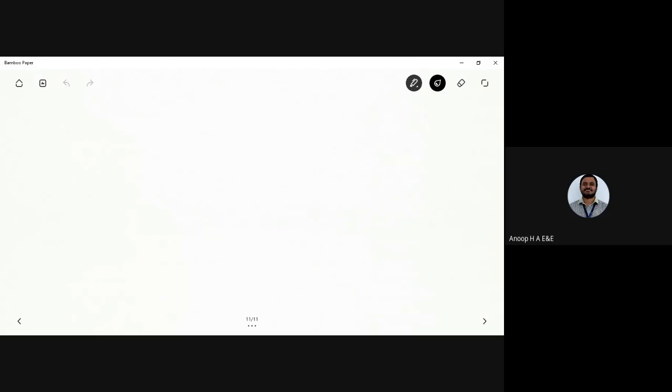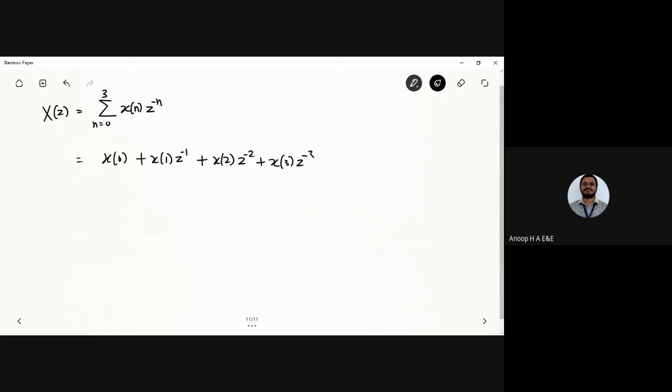X of z would be sigma n is equal to 0 to 3 x of n z power minus n. So that is x of 0 plus x of 1 z power minus 1 plus x of 2 z power minus 2 plus x of 3 z power minus 3.